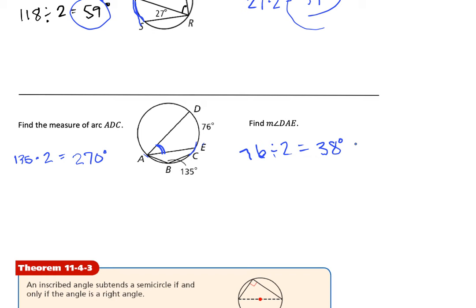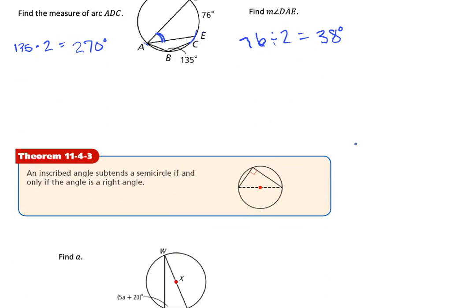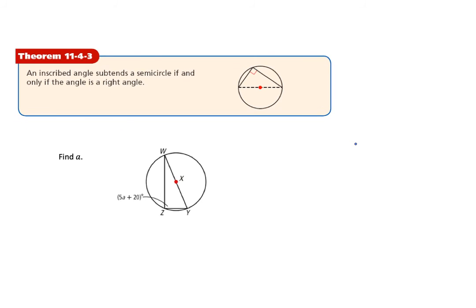The very final theorem we will be talking about is 12.4.3, and it says that an inscribed angle subtends a semicircle if and only if the angle is a right angle. And that goes both ways. So if you have a diameter and you have this inscribed angle, then you know that this is 90 degrees.